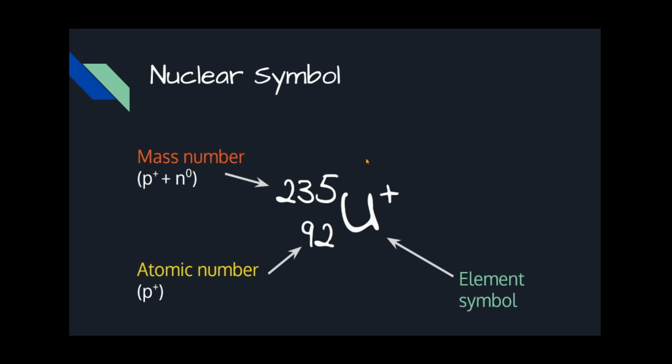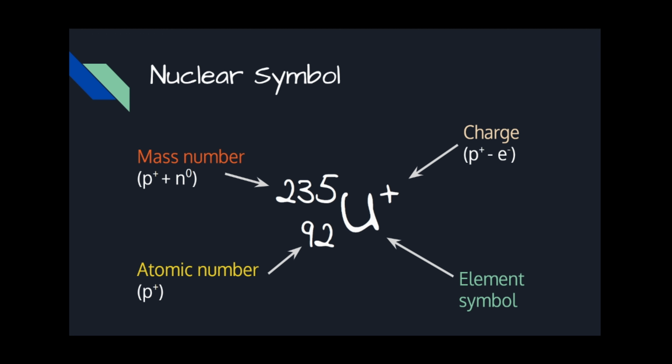This is the charge, and we find the charge by taking our number of protons and subtracting the number of electrons. Now, as we discussed in the last video, atoms are neutral. Atoms are always neutral, which means the number of protons and the number of electrons are always the same.